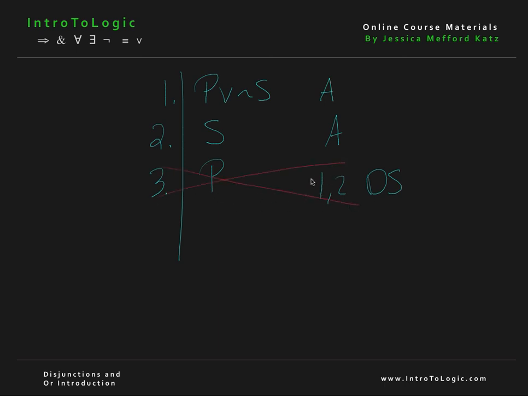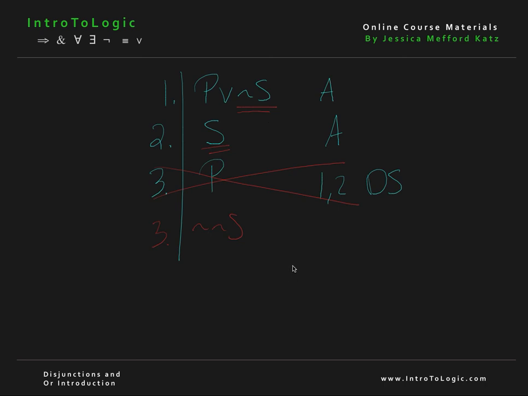The problem here is that according to disjunctive syllogism, you have to have the negation of one of the disjuncts to arrive at the other disjunct. And notice that S is not the negation of not S. S is the opposite of not S, but not not S is the negation of not S.